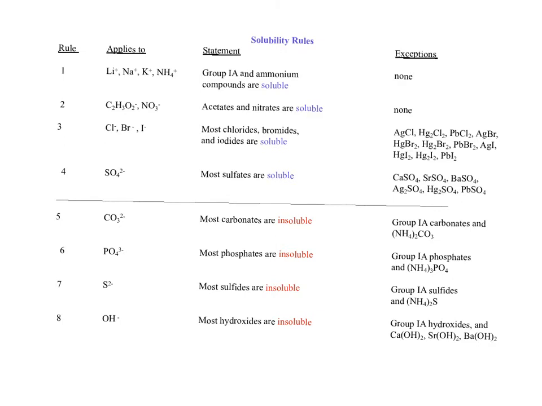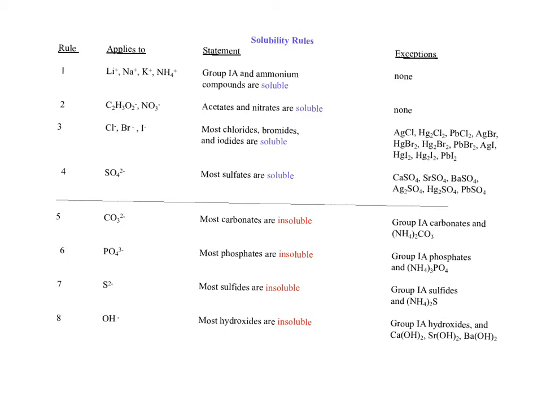So ammonium chloride, potassium chloride, sodium chloride, like that. No exceptions. Group 1 plus ammonium plus 1 ions are soluble when they're in the form of a salt and then put into solution. Same thing with acetates and nitrates. Your book, I think, doesn't show you this one, and it's important to know this one, actually. So all nitrate solutions, all acetate solutions are soluble.